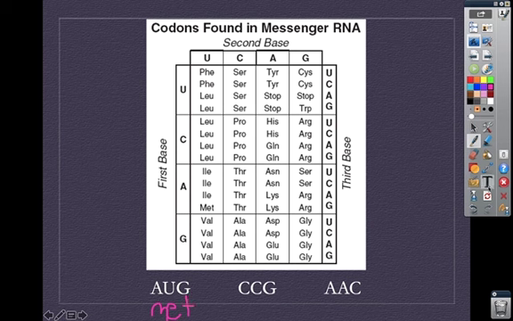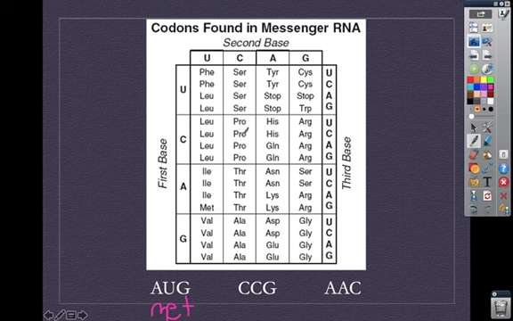Now I'm ready to read the second codon. The second codon is CCG. So C is the first letter. So this is my first letter. I have to stay here in this row in one of these 4 boxes. I cannot leave this row. I cannot move up or down. So I'm stuck here in one of these 4 boxes. My second letter is C. So I need to look up at the top of the chart to see where the C box would be.